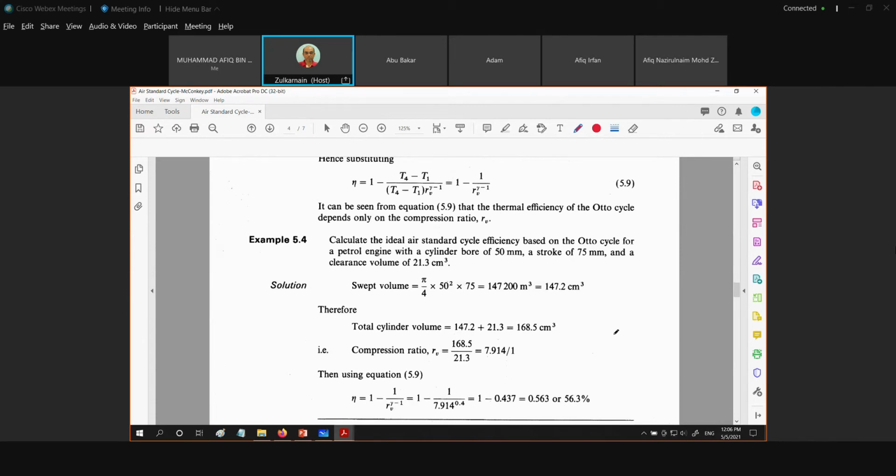Example 5.4. Let us have our own solution of this example. This example is taken from the McConkey textbook, okay?